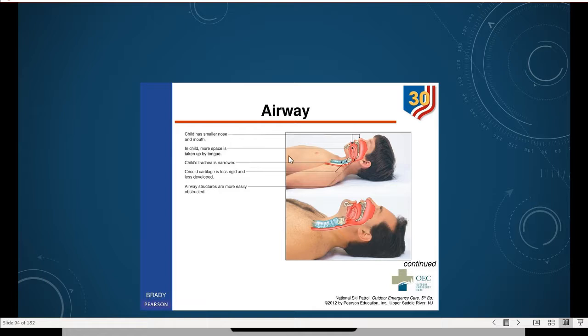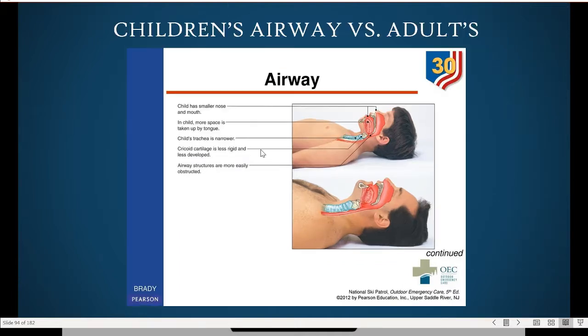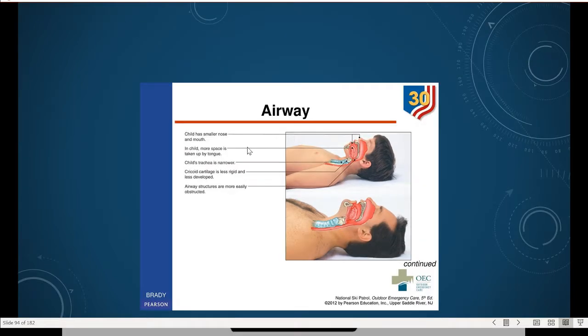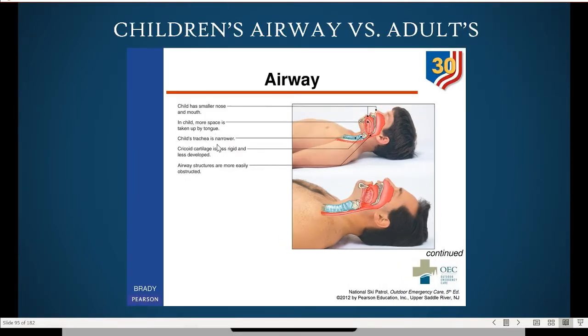The airway comparisons here, you can probably see it better on this slide. The child has a smaller nose in comparison to an adult. The child's mouth has more space taken up by the tongue.